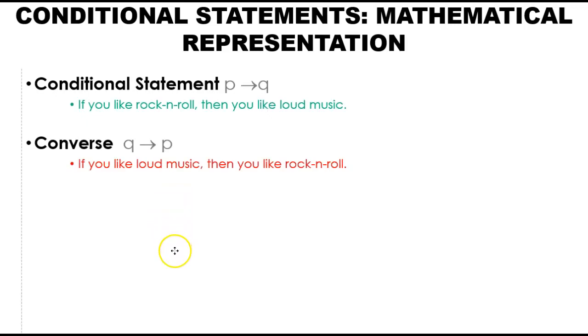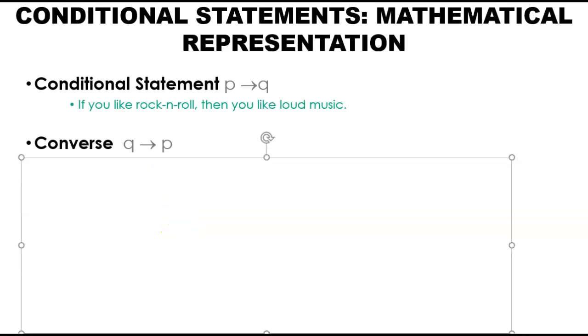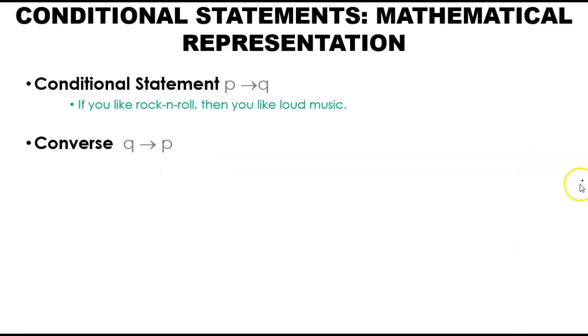The first one is the converse, okay? So notice we have P implies Q. So if P, then Q. And then converse comes in and says Q implies P. So if Q, then P. So all we did was switch.